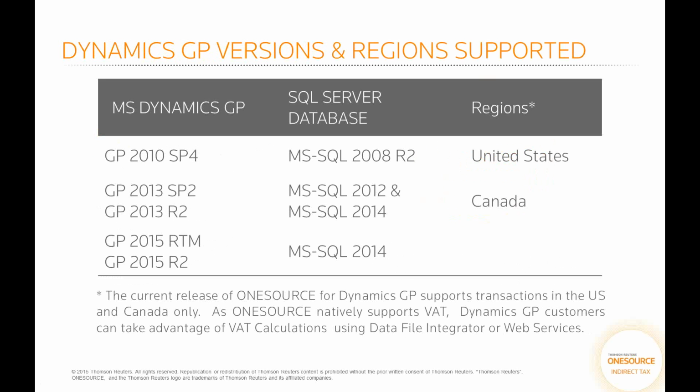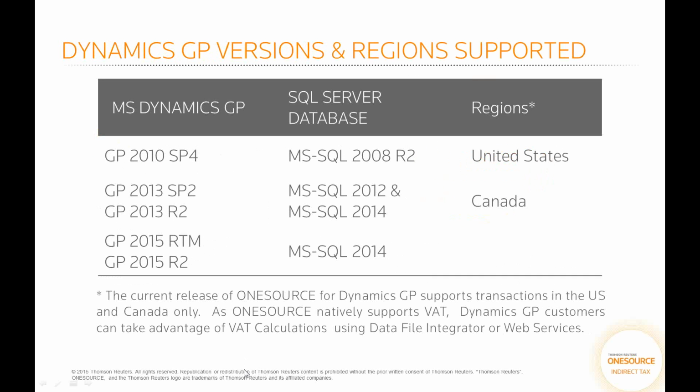We support quite a few flavors of GP to include several major releases and service packs, and we support several databases as you see here. The scope of our current release of our Dynamics GP integration is for the US and Canada.